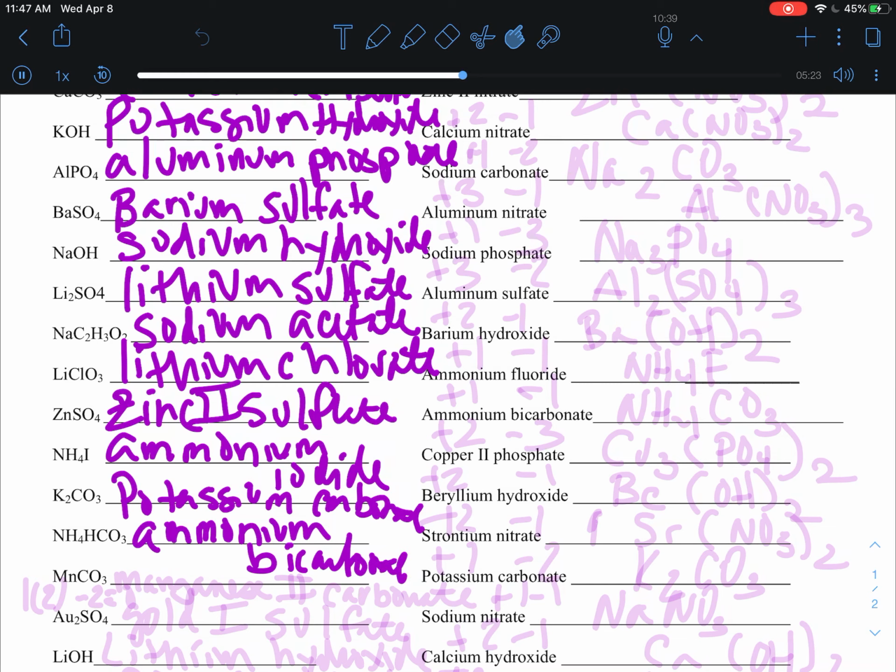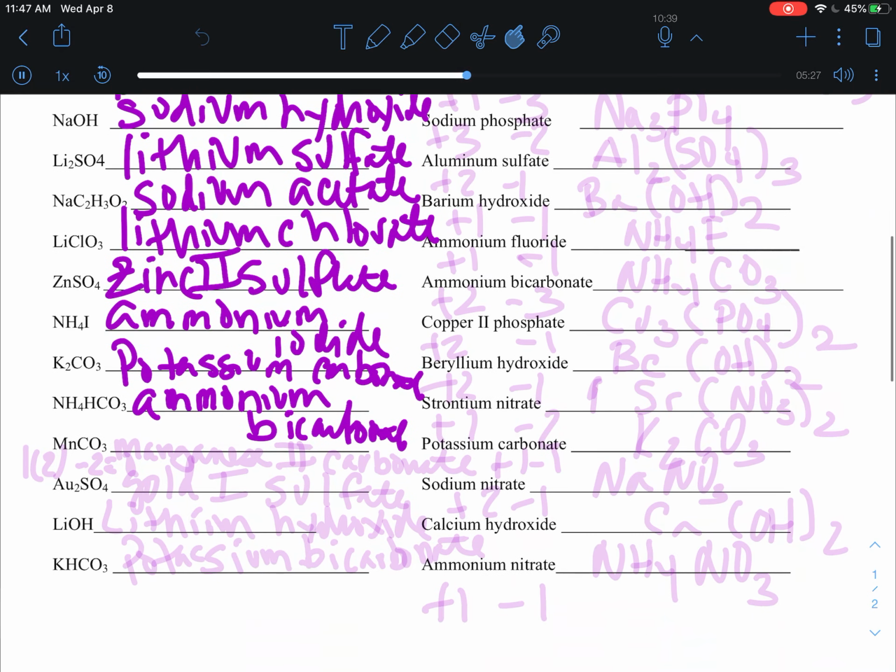Manganese, be careful, that's Mn. It is not magnesium, it's manganese. And I need to include the Roman numeral here because manganese is a transition metal with more than one charge, right? This is going to be gold 1 sulfate.